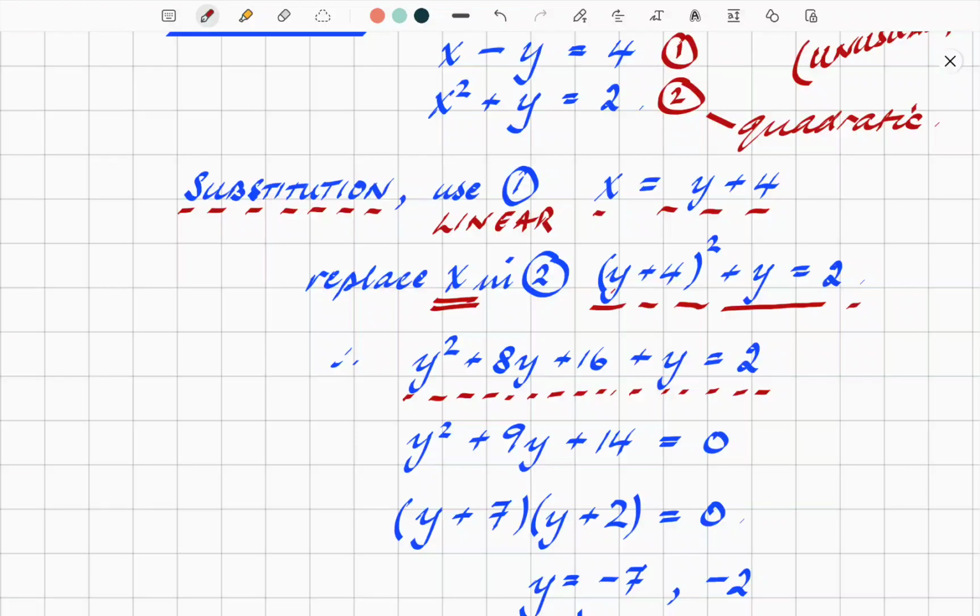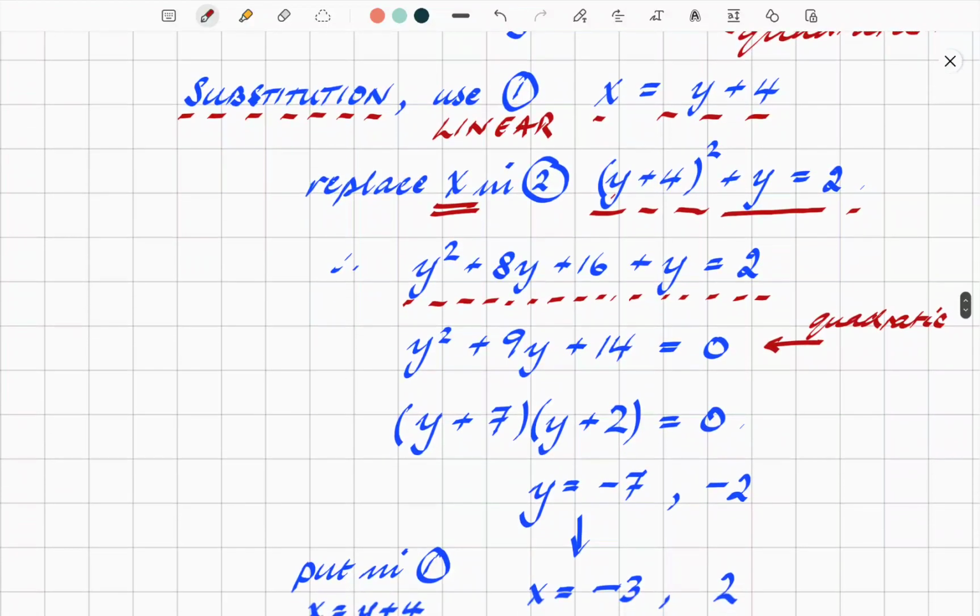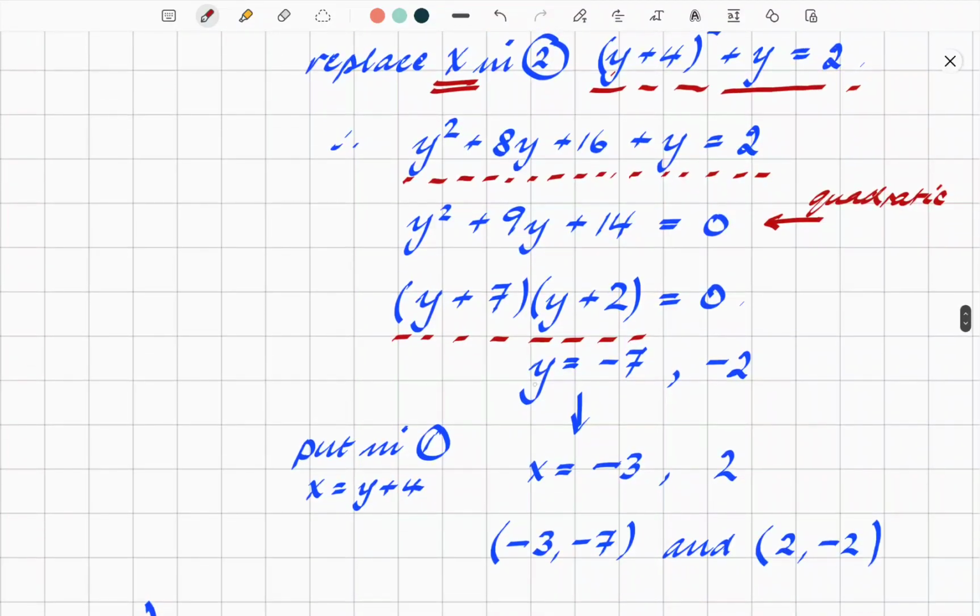All right, rearrange, collect like terms, and you end up with a quadratic in y. In this particular example, it turns out we can actually factorize very easily, into y plus 7 times y plus 2 equals 0. And the solutions we get from that are y equals minus 7 and minus 2.